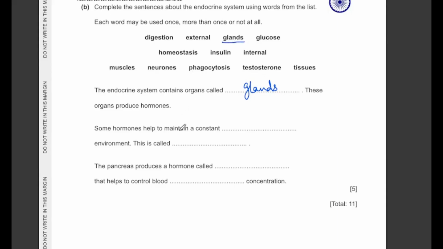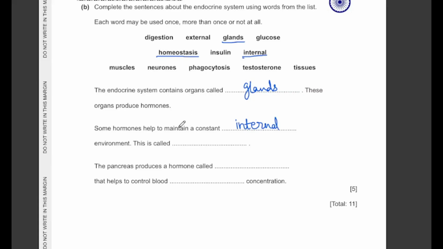Some hormones help to maintain a constant dash environment. They maintain the internal environment. Our endocrine glands help us to maintain this internal environment, and the word for this is homeostasis.